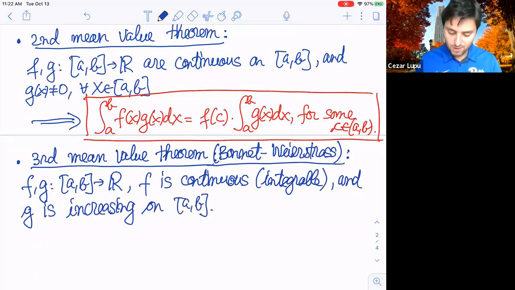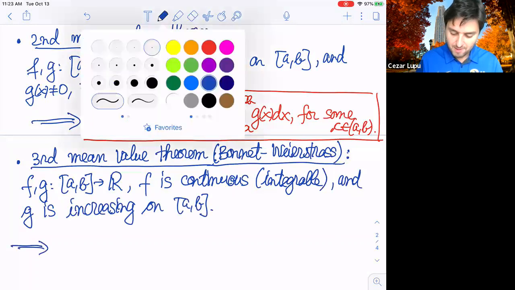Then guess what happens? We'll have the following formula.